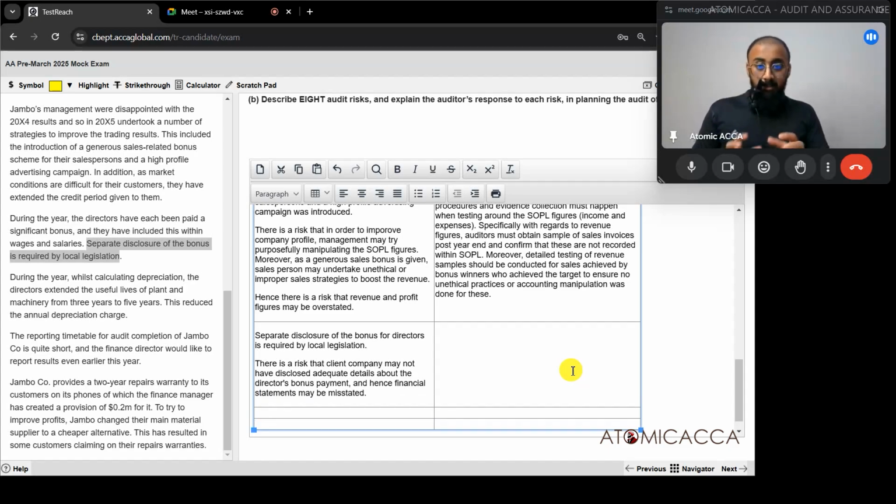Now in this case it's about a disclosure requirement, so there is no overstatement or understatement. So don't simply forcefully say that disclosures may be overstated or understated. That's not the case. So just say financial statements would be misstated over here.